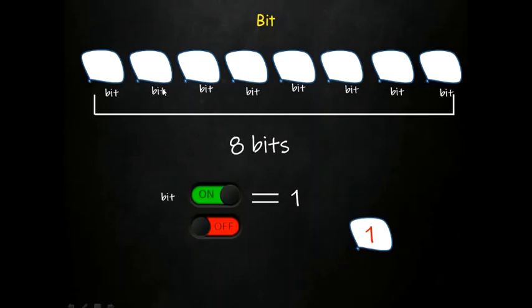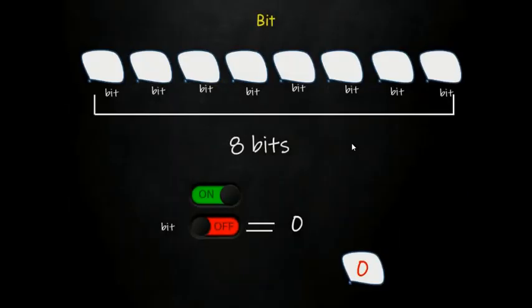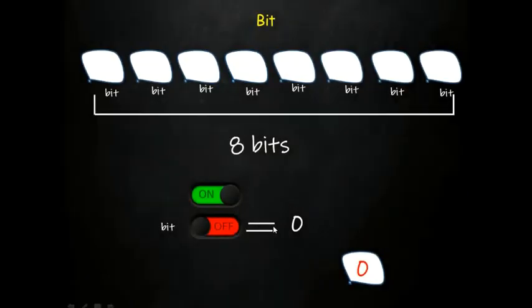So if I set all the bits to high here, this particular byte is going to have its maximum value. And if I set a bit to 0, that is off or low, you will have to put 0 in its particular place. So a bit can be set with either 1 or 0.